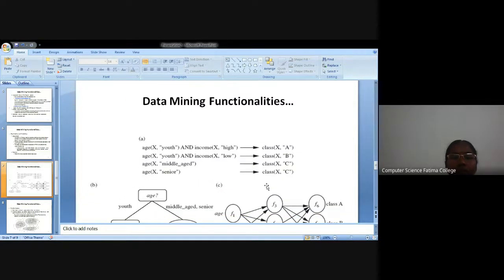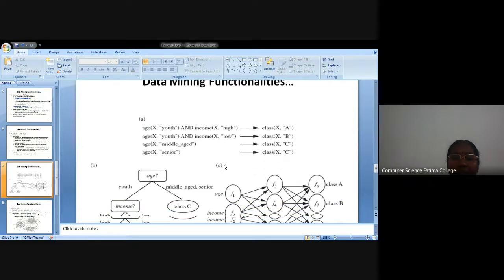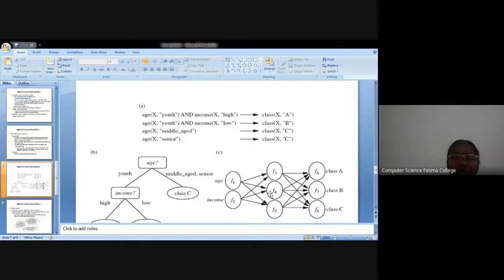This is an example representing if-then rules. If the customer X is youth and his income is high, then there is a possibility to buy product A. Similarly, if the customer is youth and the income is low, then he is likely to buy product B. If the customer is middle aged, then there is a possibility to buy product C. If he is a senior, then there is a possibility to buy product C. The same if-then rules can be represented in the form of a decision tree as well as a neural network.